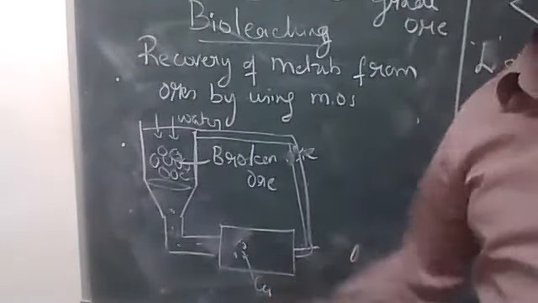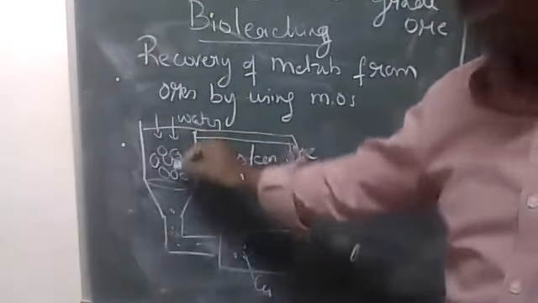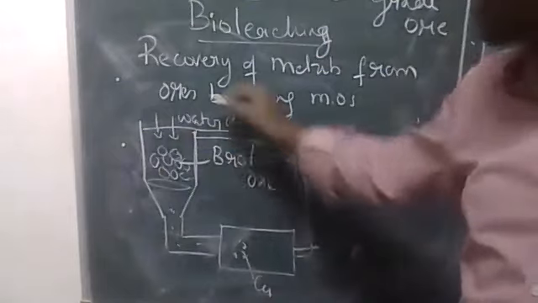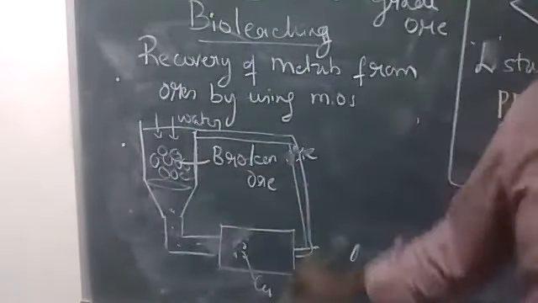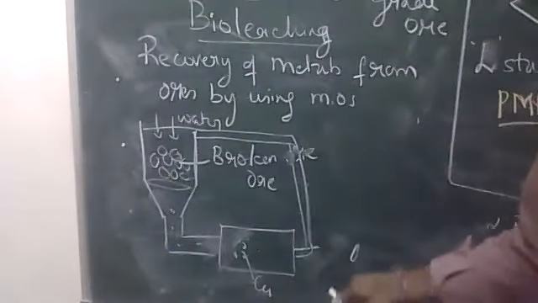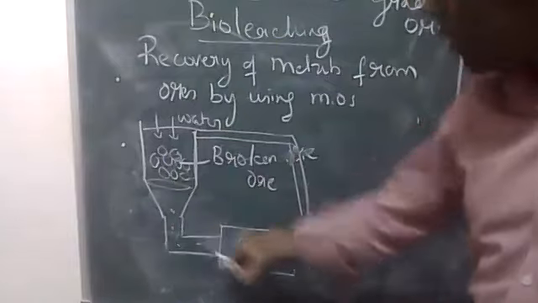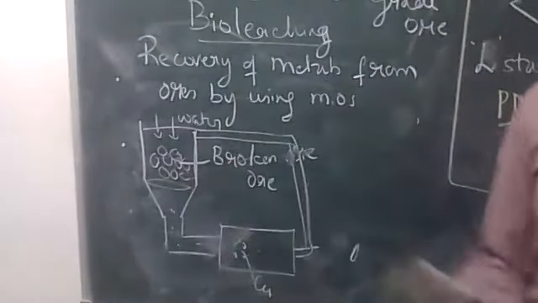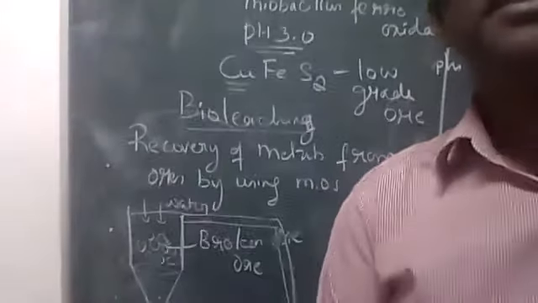This instrument is called a launder. This is called a bioreactor. First they break the ore particles, put them into the bioreactor, and sprinkle water, which percolates. In the process, some chemical reactions happen. Copper gets deposited, and we can use acid waters once again to make the process faster. Did you get the basics, children?